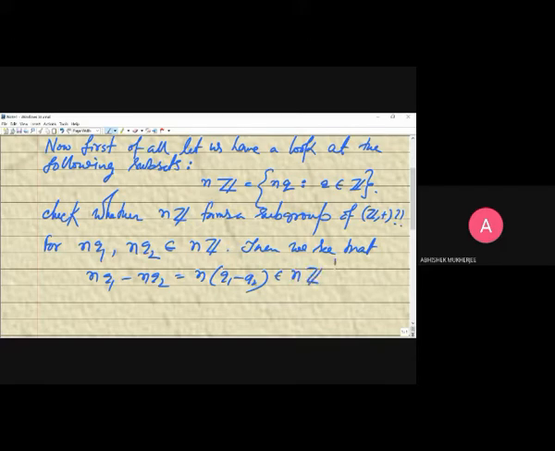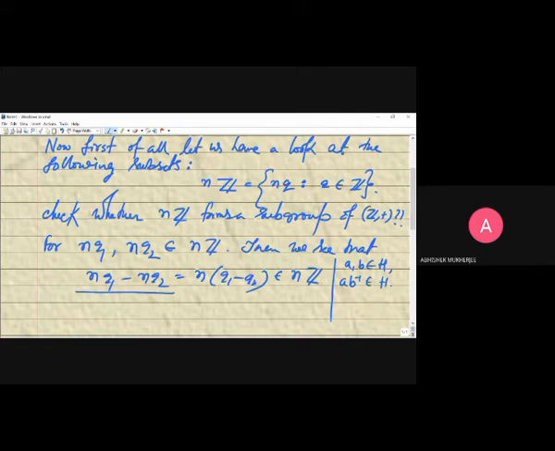So by the criteria that we have made for a subset to be a subgroup, for any two elements A, B, you need to check whether A B inverse belongs to H. Now for additive groups, this is your A, and minus nq2 is B inverse. The additive inverse of nq2 is minus of nq2.